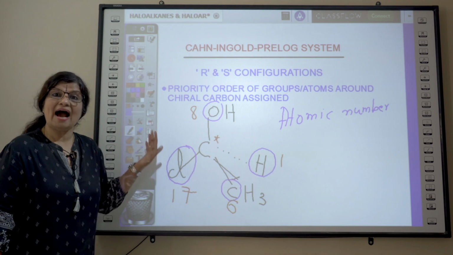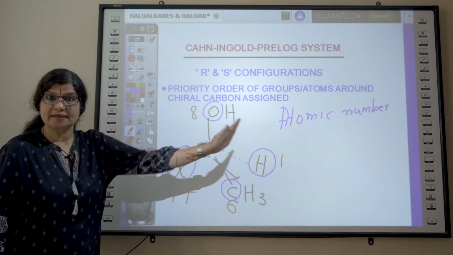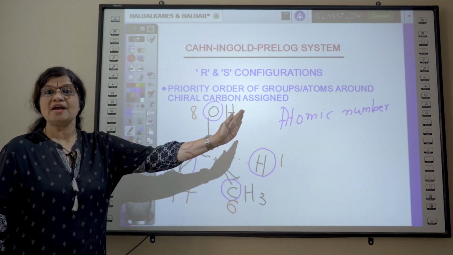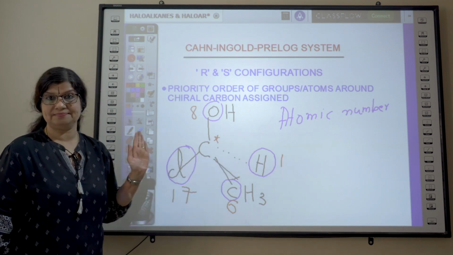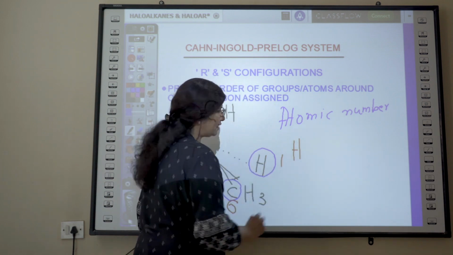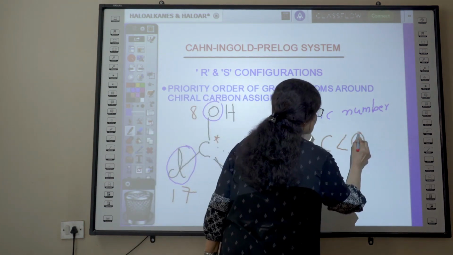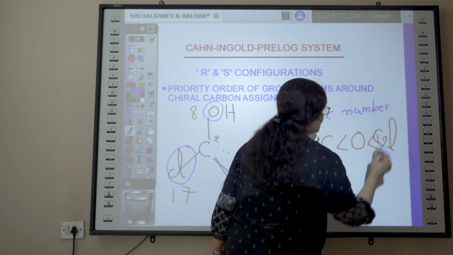That has got the highest priority. So let me arrange the atoms directly bonded to the asymmetric carbon in the increasing order of atomic numbers, or hence the increasing order of priority. So we have hydrogen, least priority, less than carbon, less than oxygen, less than chlorine.